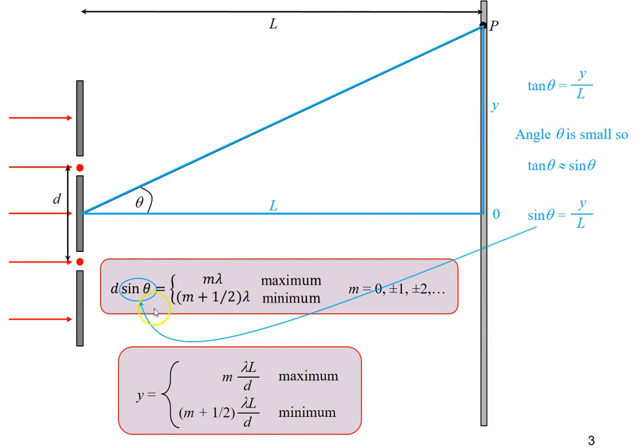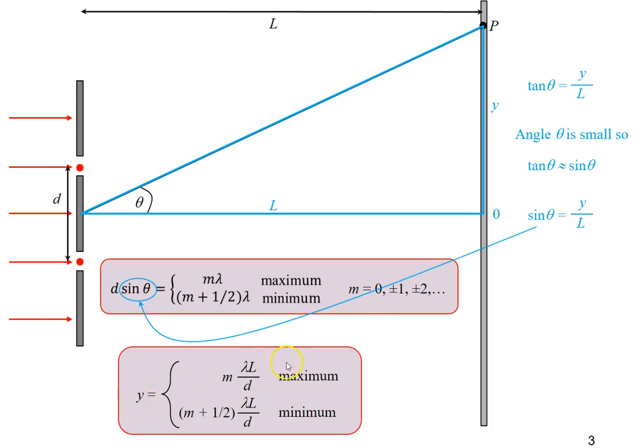So I'm just rewriting the maximum and minimum conditions as y equals m lambda L over d. That's where the maxima will be. And y equals m plus 1/2 lambda L over d for the minima. Okay? And if you notice, look, m equals 0, the only way you can satisfy that is with theta equaling 0 or y equaling 0.